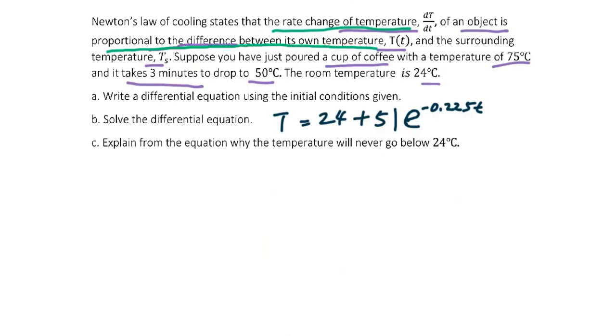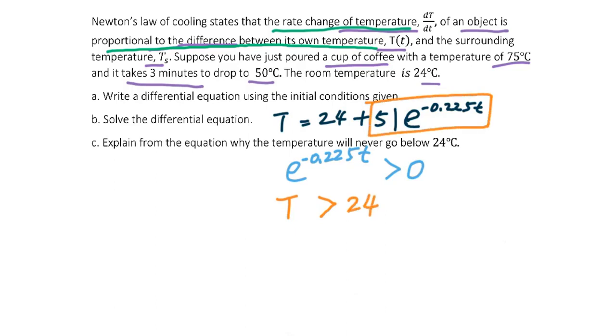Next, explain from the equation why temperature will never go below 24 degrees. Because the exponential function e to the negative 0.225 t is always greater than 0, therefore T will be greater than 24, because this term is always greater than 0.